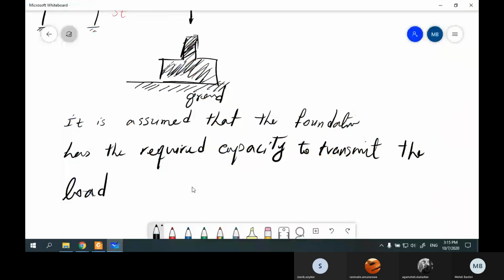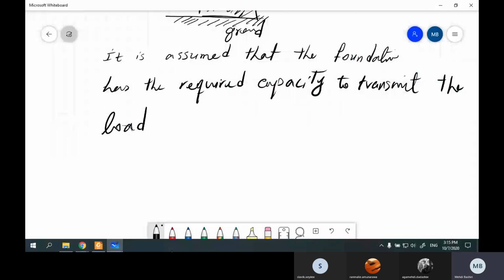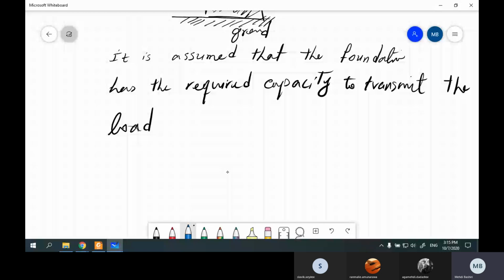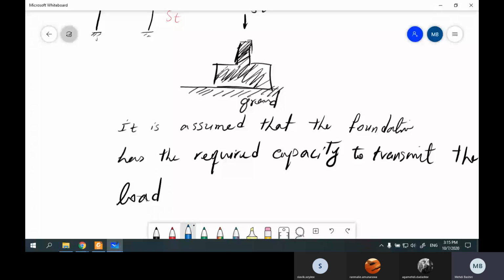So what we're going to do here in foundation engineering, our duty in foundation engineering is to check if this soil here, this ground here, is strong enough to resist this force.